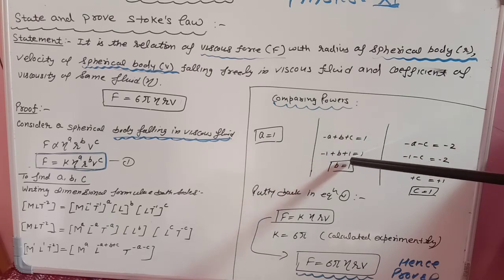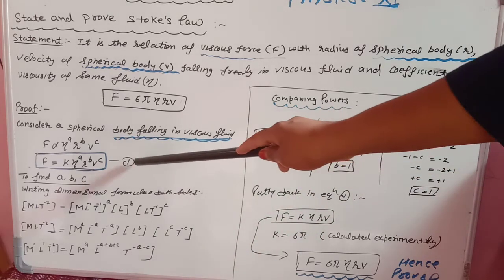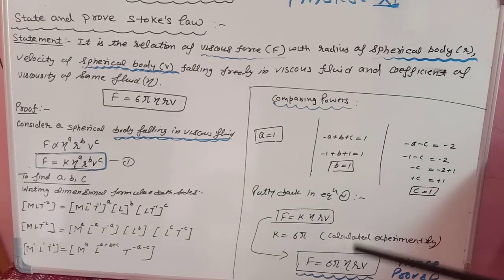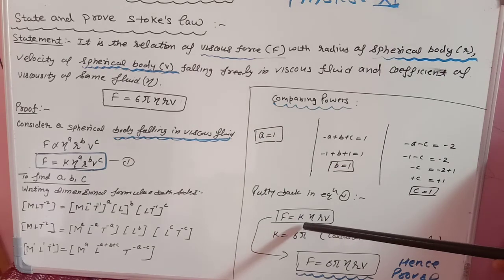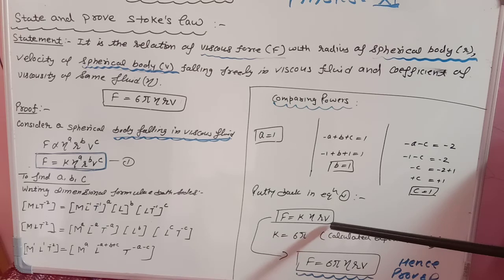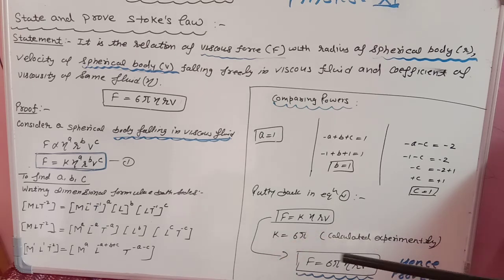So minus 1 plus 1 will cancel out, and b will also come equal to 1. So putting back all of a, b, c in equation number 1, you will get F is equal to K eta R V. Now what is K? K is a constant and experimentally it is found to be 6 pi. So F is equal to 6 pi eta R V.